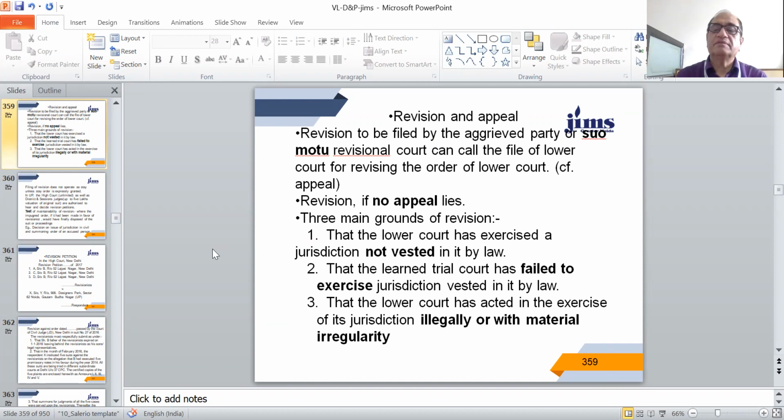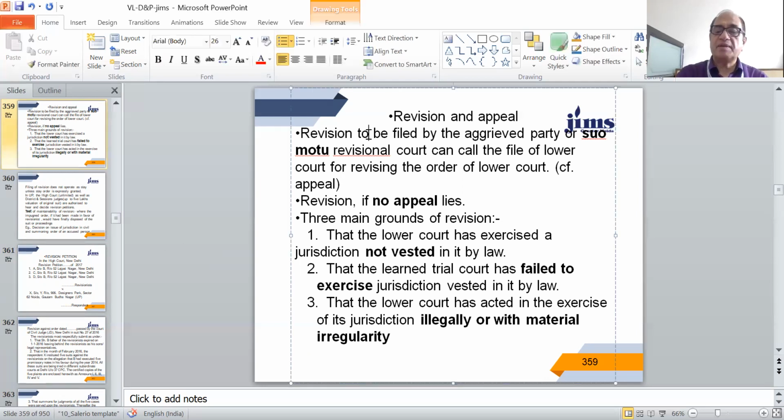This cannot be done while sitting as an appeal. Appellate court has no power to call for the record of the lower court and start hearing the appeal. But revisional courts do have such powers. Rather, it is the duty of the revisional courts to rectify the mistakes of the lower courts suo motu also.